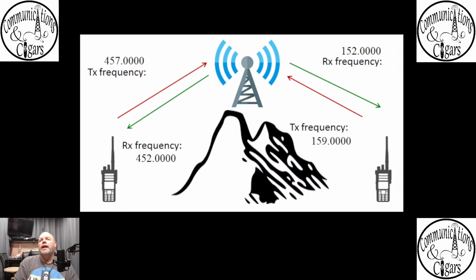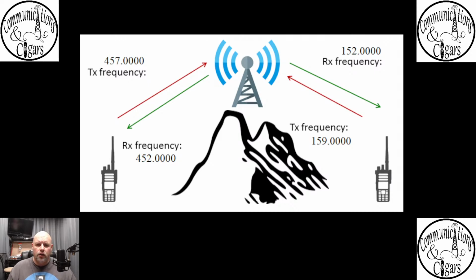Now, bidirectional repeating for crossbanding does not, I want to stress, need to be simplex to simplex. If your radio or your setup is capable of it, you can have what we have in the picture here. On the left side, the radio is transmitting into the repeater on 457.0000, and simultaneously the repeater is transmitting on the other side on 152.000.